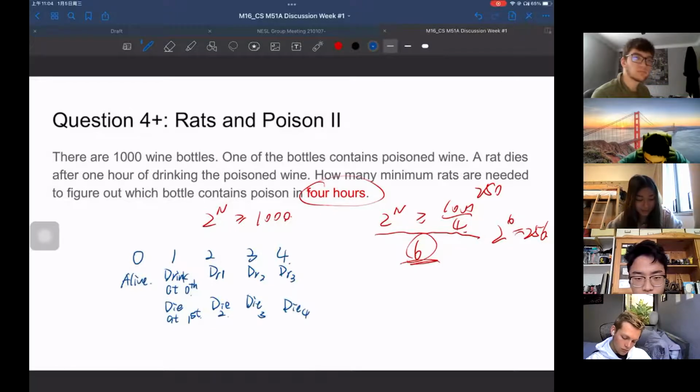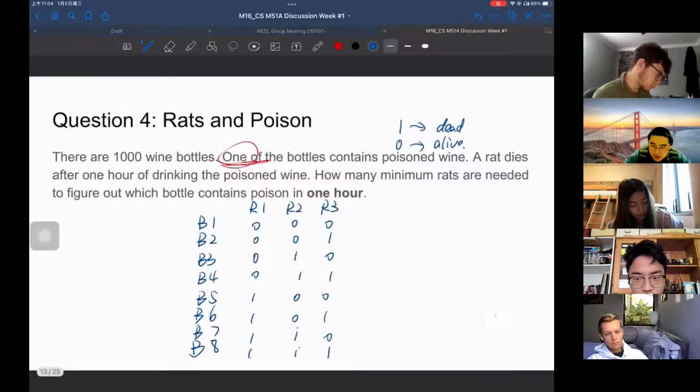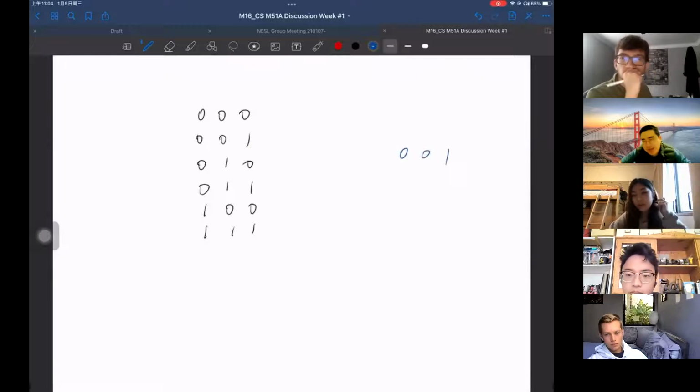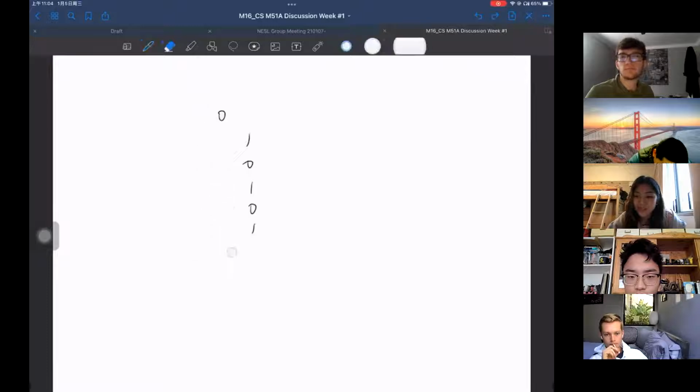Okay, so in this case, how about we do the same, but encode it using quinary, which is 5 incremental states. Actually, I think 2 rats can do a lot of bottles in this case. Let me explain. Let's try to do the encoding.